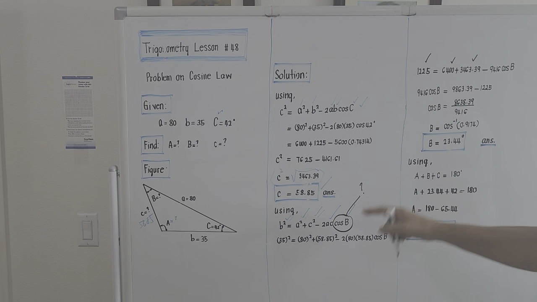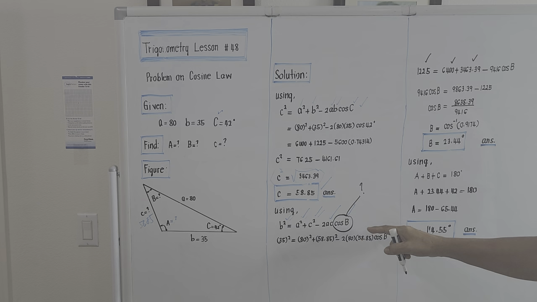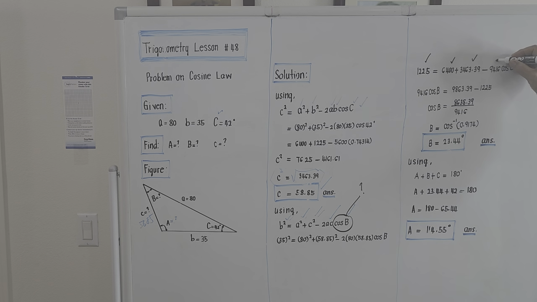The product of 2 times 80 times 58.85 is 9416 times cosine of angle B. This is the only unknown now.